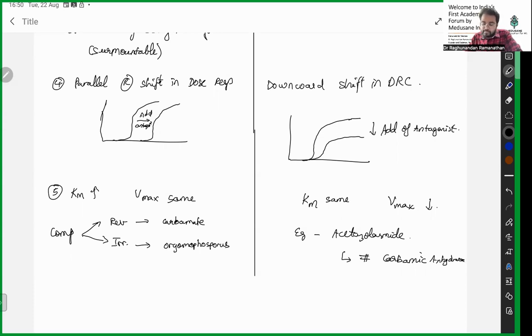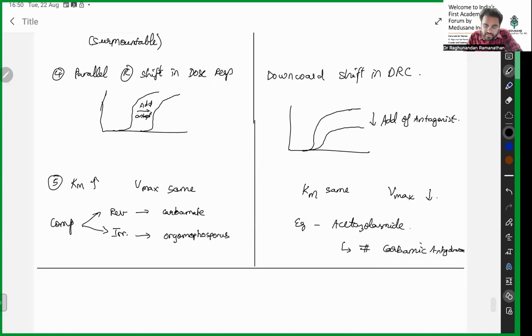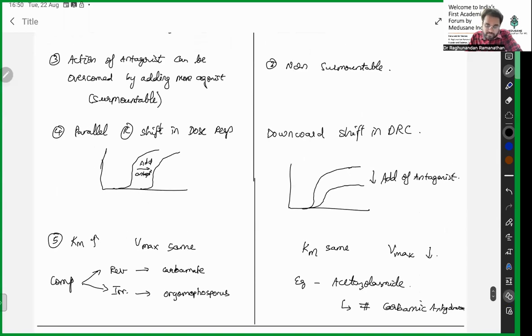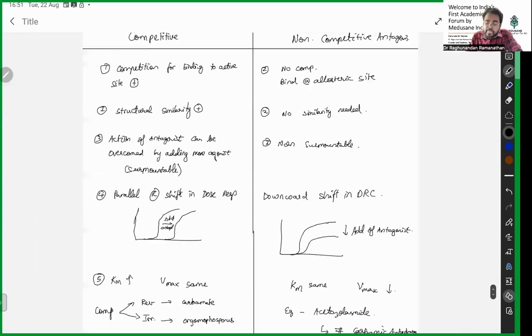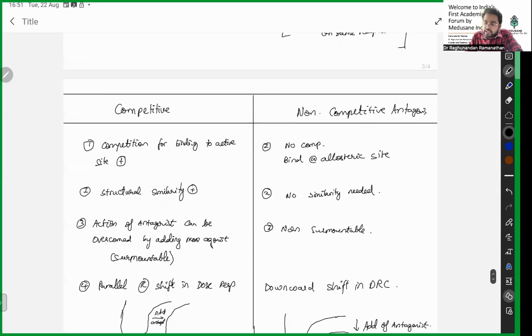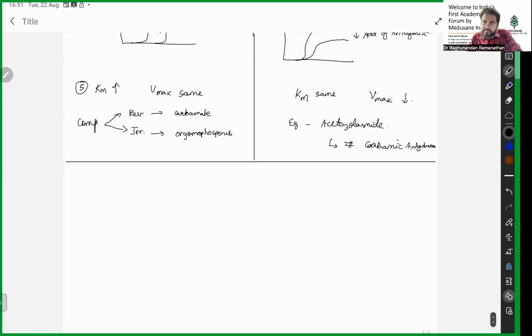Non-competitive antagonist, remember guys, theoretically it is not irreversible. So theoretically we cannot say a non-competitive antagonist is irreversible. But practically, all the non-competitive antagonists are irreversible.